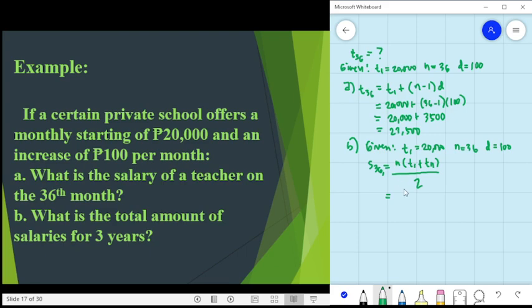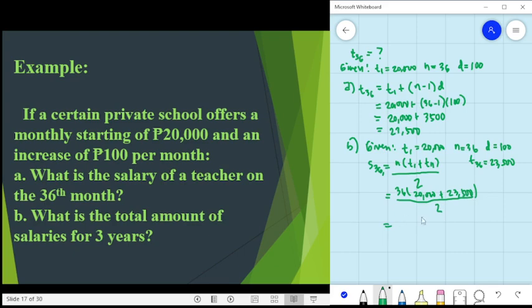Okay. So, n is 36. Our n here is 36 multiplied to 20,000 plus 23,500, which is our Tn, or T36, using the computation of the first formula, all over 2.